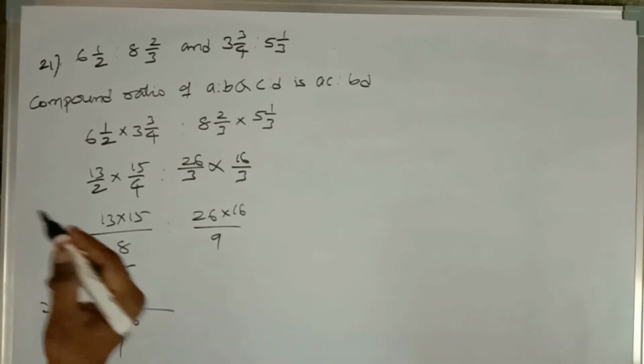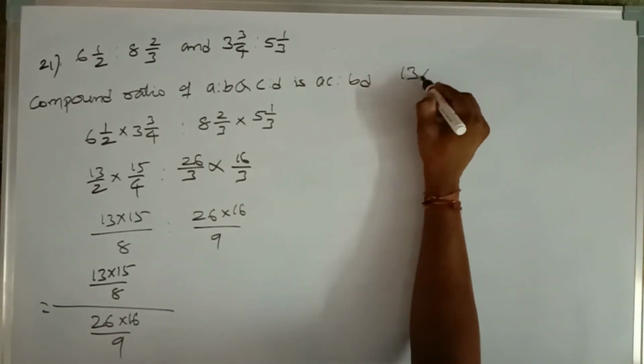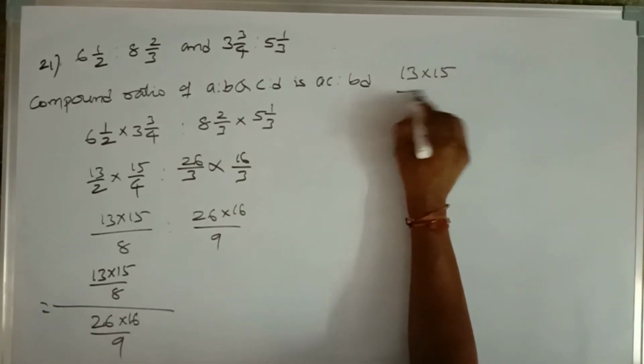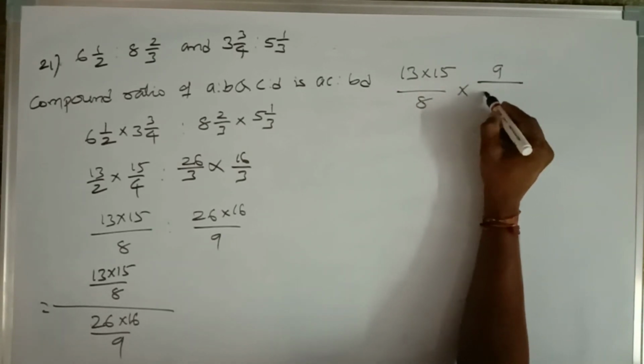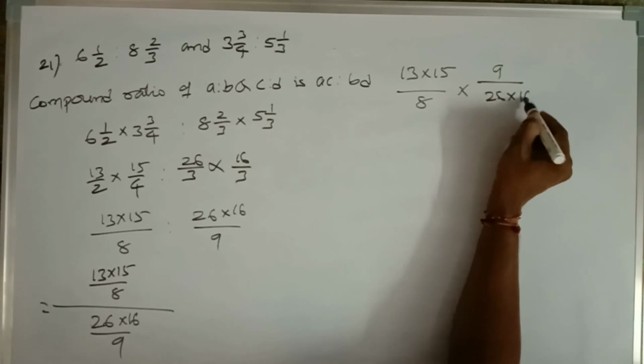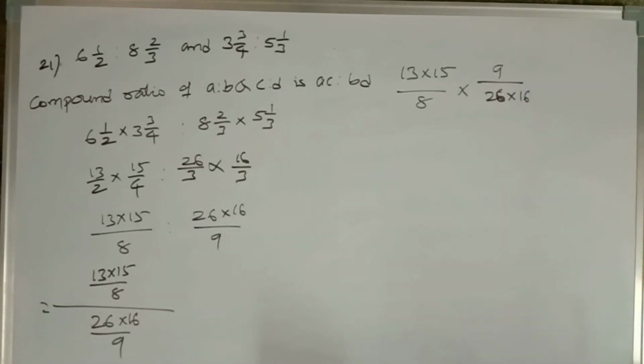Now I am changing this. So 13 into 15/8 into 9 divided by 26 into 16. So no more cuttings.